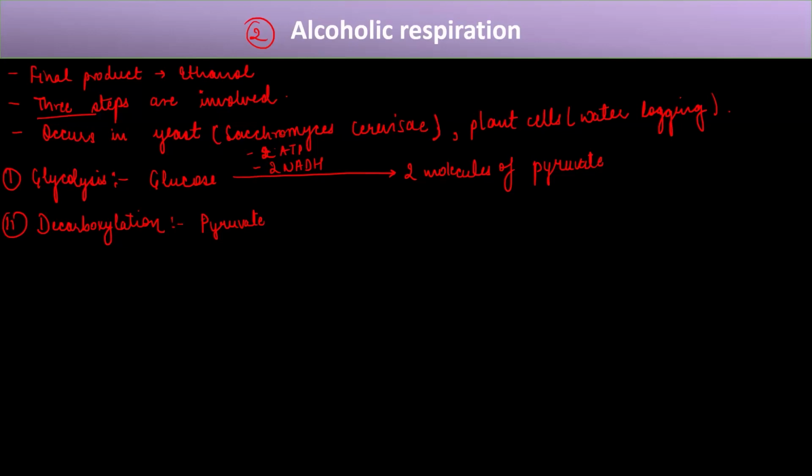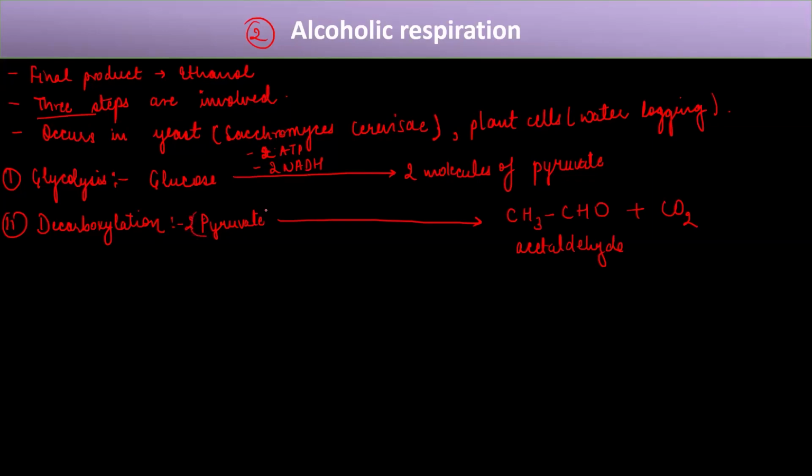Pyruvate is an acid, a pyruvic acid. Now this pyruvic acid undergoes decarboxylation and forms acetaldehyde. So what is acetaldehyde? CH3CHO. It forms acetaldehyde and releases carbon dioxide.